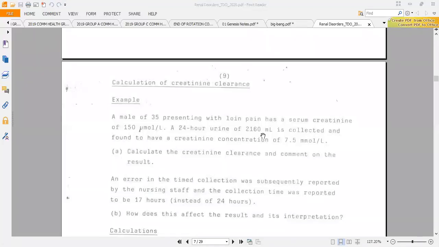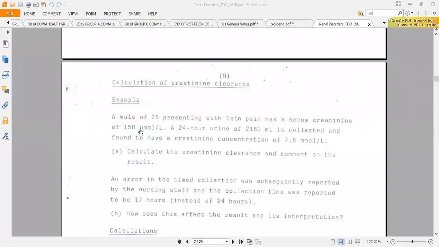Then when I'm done with the urine part, I come to the serum. The serum concentration was 150 micromoles per liter. Let's make sure that the units are the same, so we convert this to millimoles.